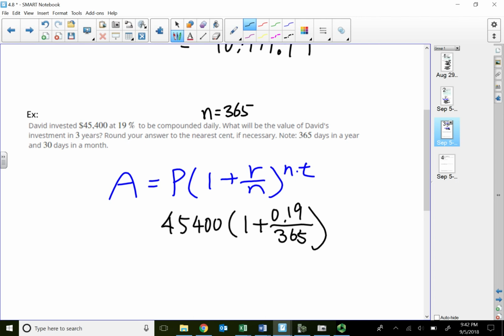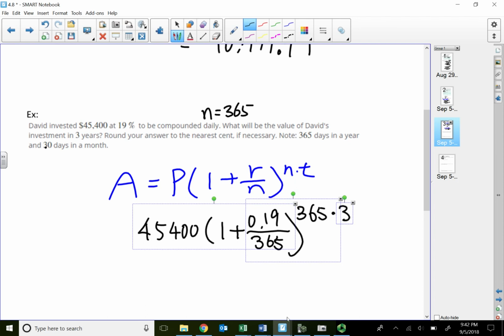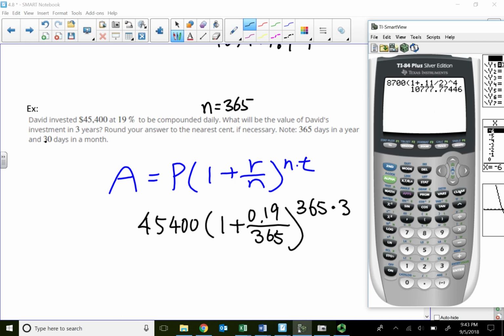The whole thing raised to the 365 times 3 years, so times by 3. This time I'm going to let the calculator do this for me. So let's say you have $45,000 on hand, invested at 19% compounded daily for 3 years. Let's see how the money grows on a tree right here.